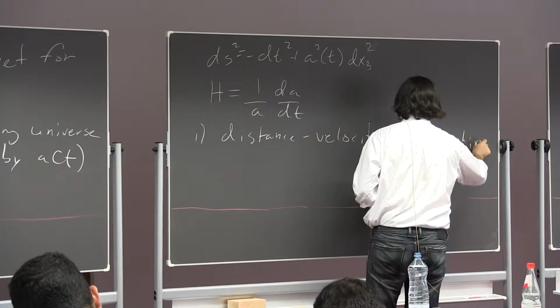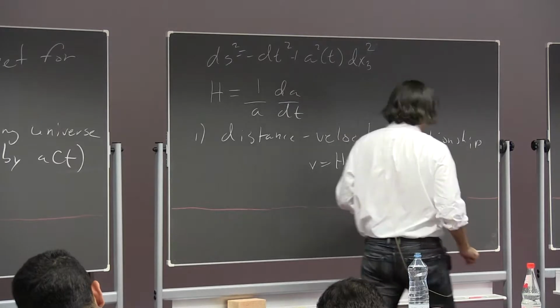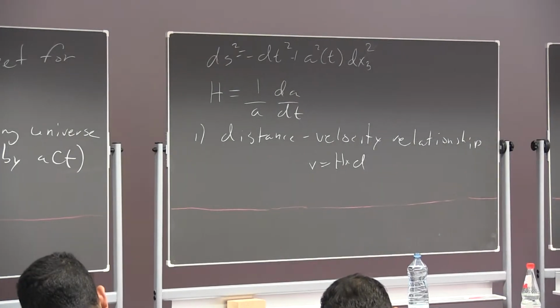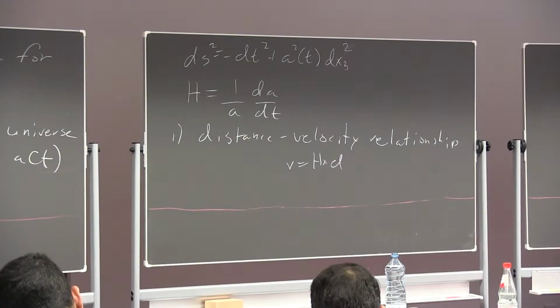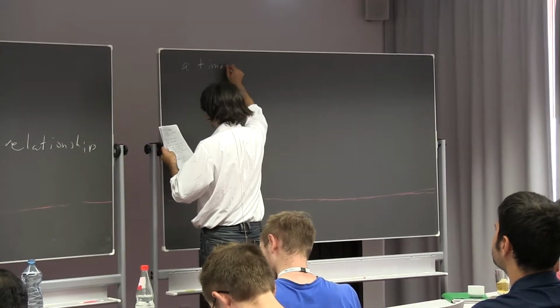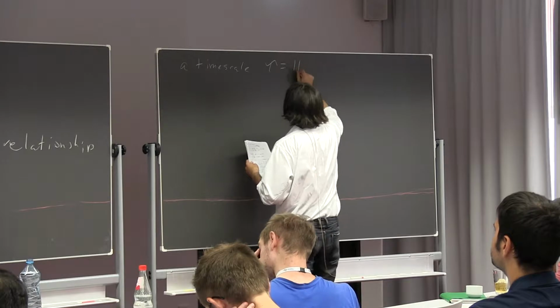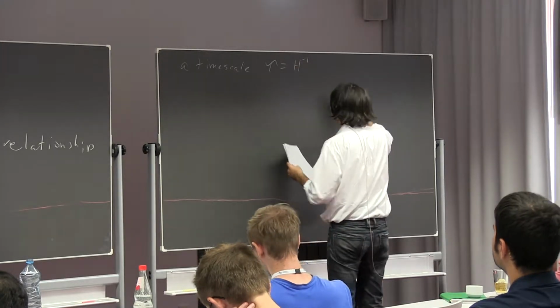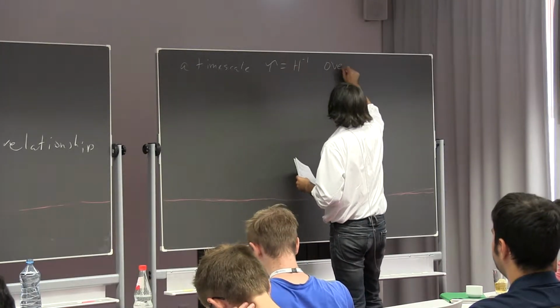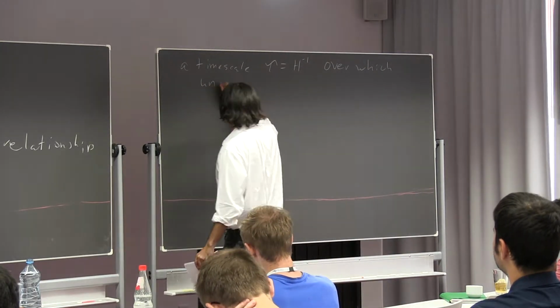This is the good old-fashioned Hubble's law. And that's the way that most of us learn what the Hubble constant or the Hubble parameter is to begin with. But it is also a time scale for which the universe changes by order 1.